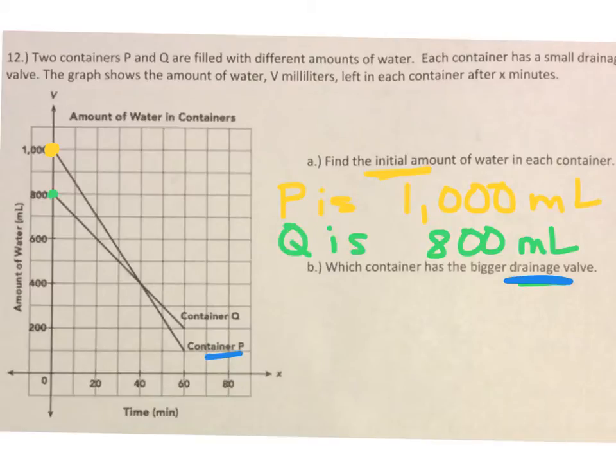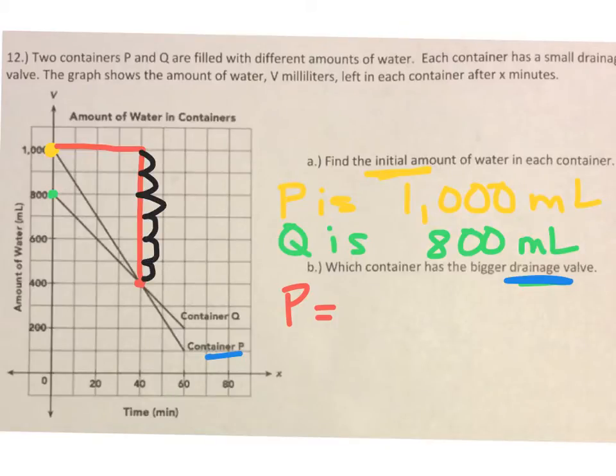So my next step is to look for two good points on the graph. I'm going to use this point of intersection here as one point, and then the y-intercept to make my right triangle. Okay, so this is container P. Looks like it's going up by 100s. So 100, 200, 300, 400, 500, 600.